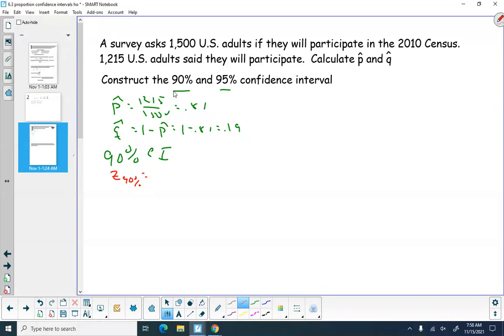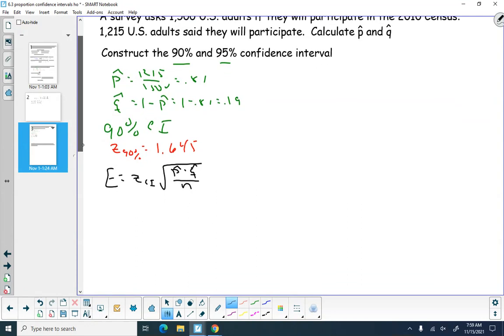Our Z for our confidence interval for 90%, what is it? 1.645. And once again, if you use 1.65, that is fine. We calculate our error, which is our Z for the confidence interval times the square root of p hat times q hat divided by n.